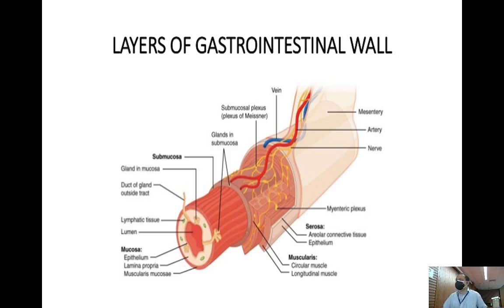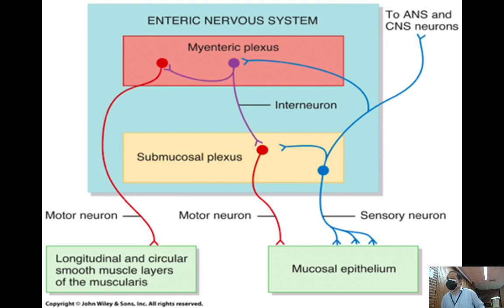Again, looking at the enteric nervous system, we already know the position of these plexuses. But what I want to impress with this is that there is a connection between these two plexuses, between the myenteric and the submucosal.